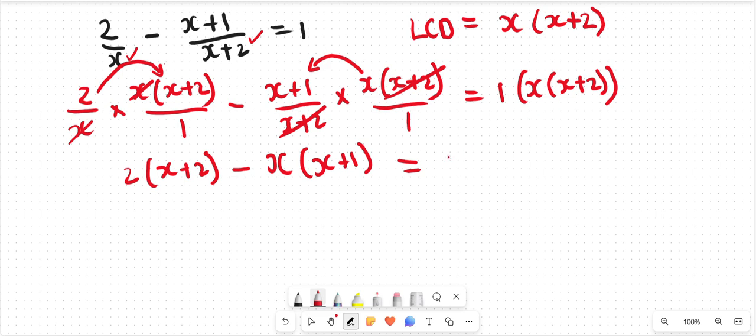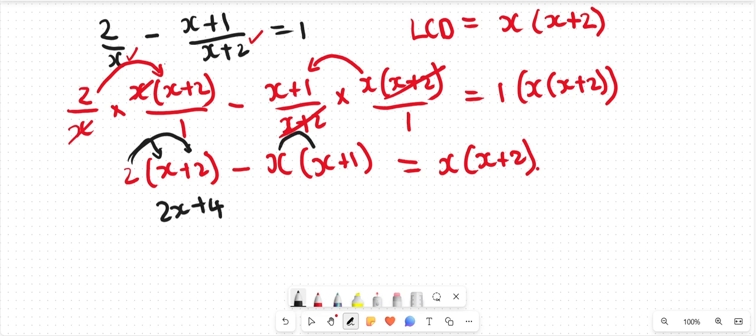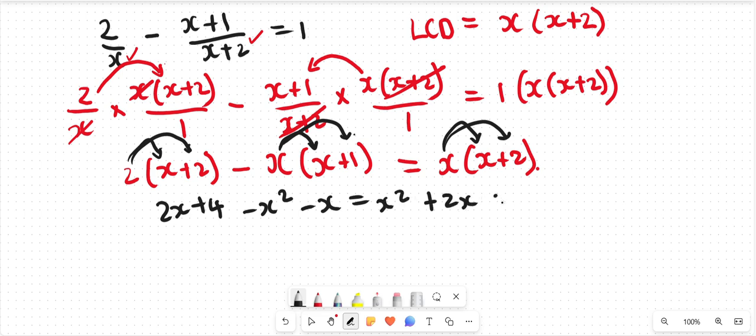And here you're going to eventually have the x distributing inside of that bracket. Then let's distribute 2 times into that bracket is a 2x plus a 4. Negative x times into this bracket is a negative x squared minus x. And a positive x times into this bracket is an x squared plus a 2x.